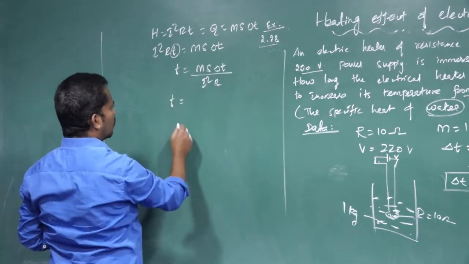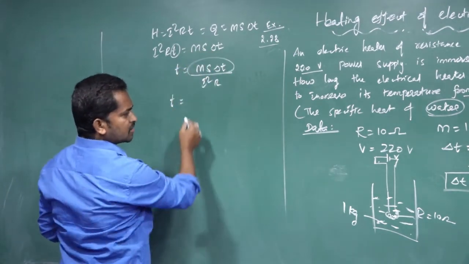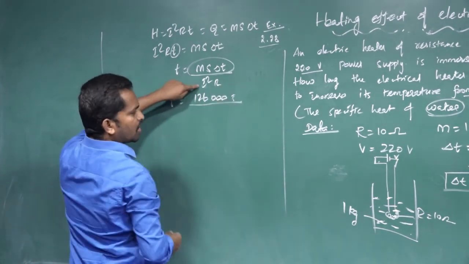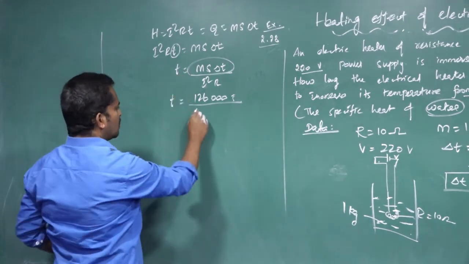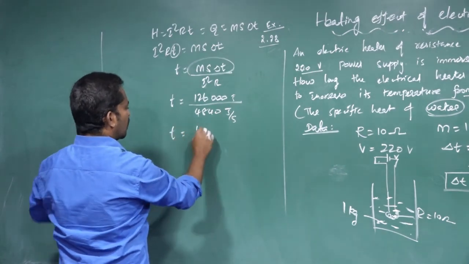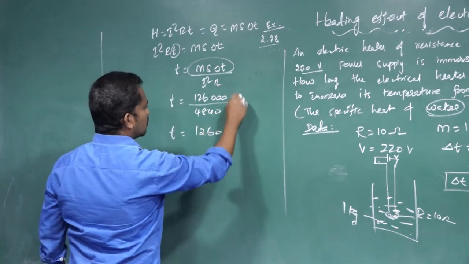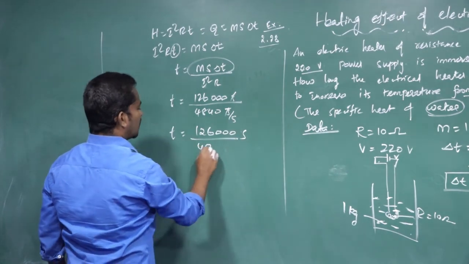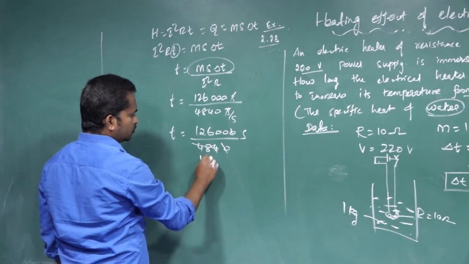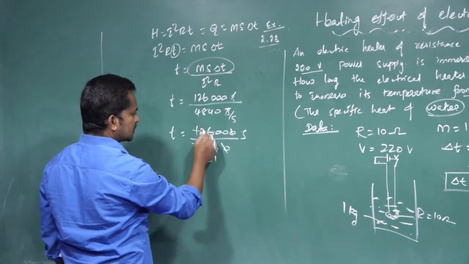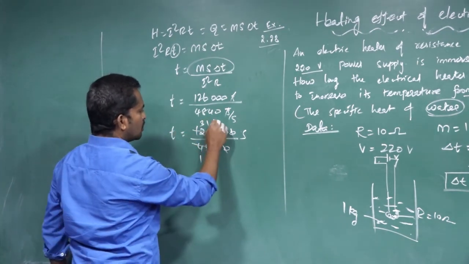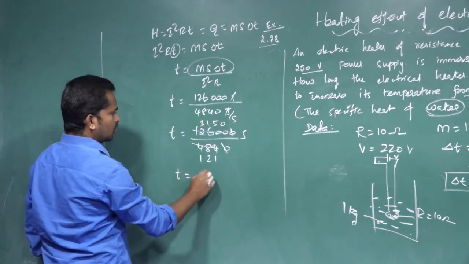So time period is equal to the total energy, 126,000 joule, divided by I square R, the heat energy produced in 1 second, 4840 joule per second. So 126,000 joule, cancel second, divided by 4840, zero cancel.